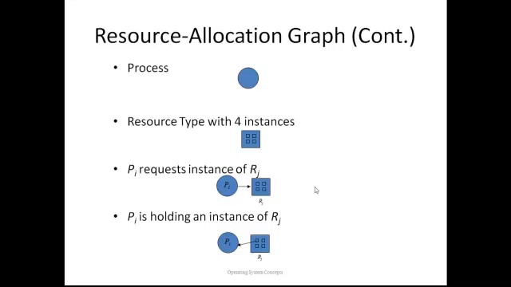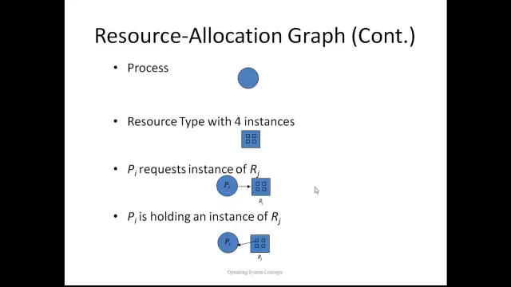Now to define the graph, we will represent processes by circles and resources by squares. If a resource has 4 instances, then we have 4 small squares inside the big square as shown in the figure.